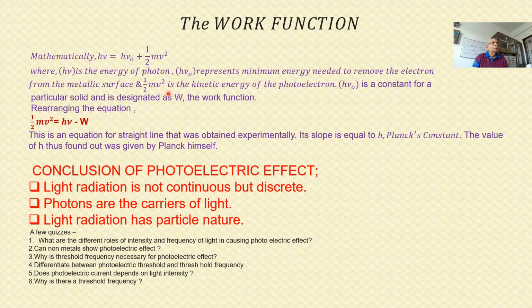And we can say that h nu naught is fixed for a particular metallic surface, and this is the minimum energy which is required, and this is very commonly termed as work function, denoted by W. Now, rearranging this equation, we can say that half mv square is equal to h nu minus h nu naught, and that is W. So this is the final equation.